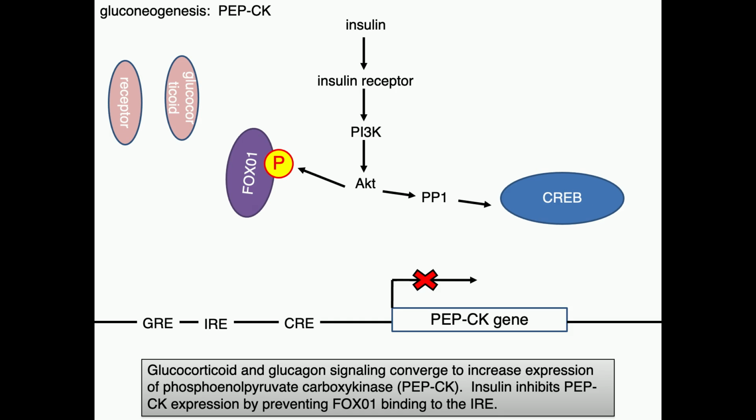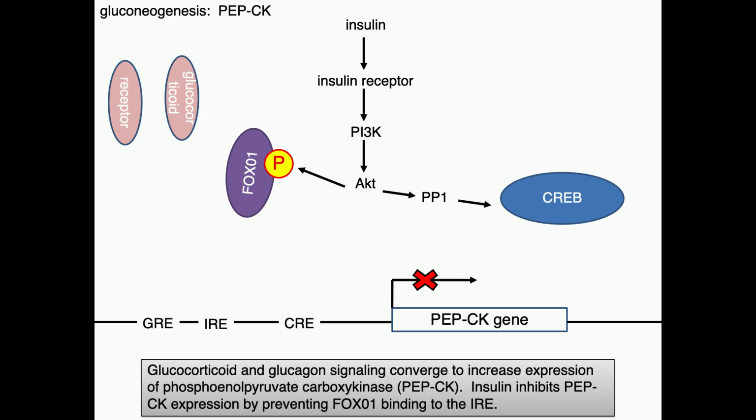Okay, so all of the phosphorylations on the cyclic AMP response element binding protein that were put on by protein kinase A, those are going to be erased by protein phosphatase 1 with insulin signaling.